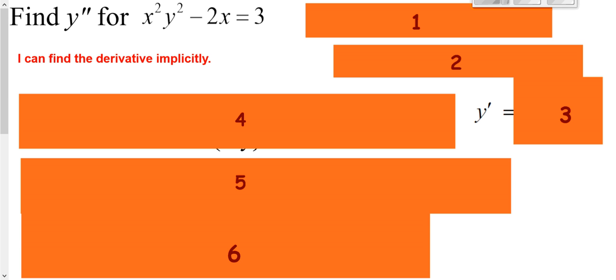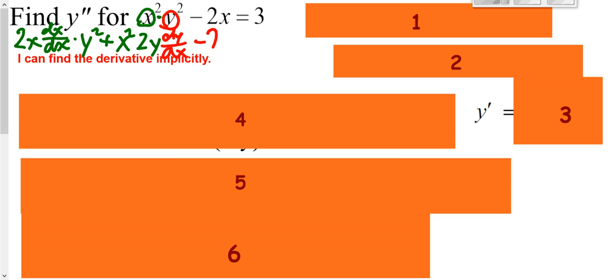This one here, we need to find our second derivative of this. So we have a product here, so we do the derivative of the first, 2x, derivative of the inside, which would be a dx over a dx, which I won't really have to write because that's 1, times the second, plus the first, which is an x squared, times derivative of the second, put the exponent in front, decrease it by 1, multiply it by the derivative of the inside, which would be a dy over a dx, minus, and then this would just be a 2, derivative of the inside, which would be a dx over a dx, is equal to 0.